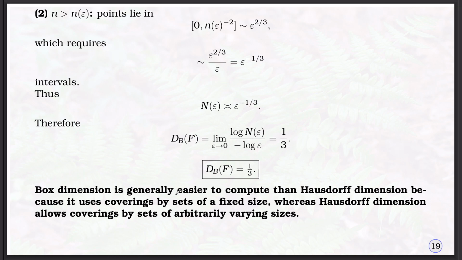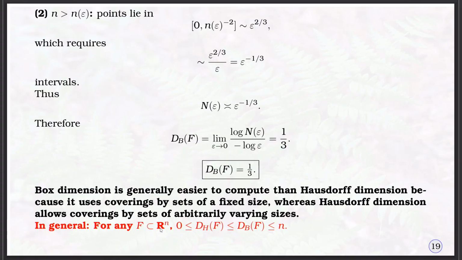So the Hausdorff dimension is always less than or equal to the box counting dimension of F, for F in R power n. It shows that in general, for any F belonging to R power n with respect to the Euclidean metric, the Hausdorff dimension of F is less than or equal to the box counting dimension of F. Previously, for the sets we discussed, the Hausdorff dimension and box counting dimension were equal, whereas in this specific case, they are not equal.